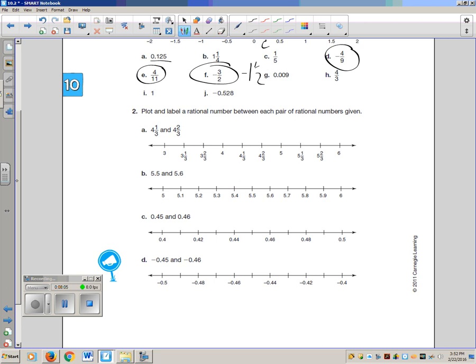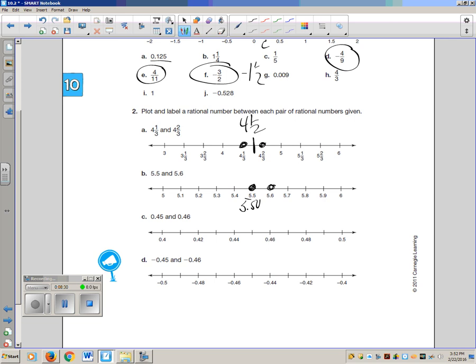Number 2. Plot and label a rational number between 4 1/3 and 4 2/3. There's 4 1/3. There's 4 2/3. What is a fraction or a number that fits in between? Decimals are easier. 5.5, 5.6.